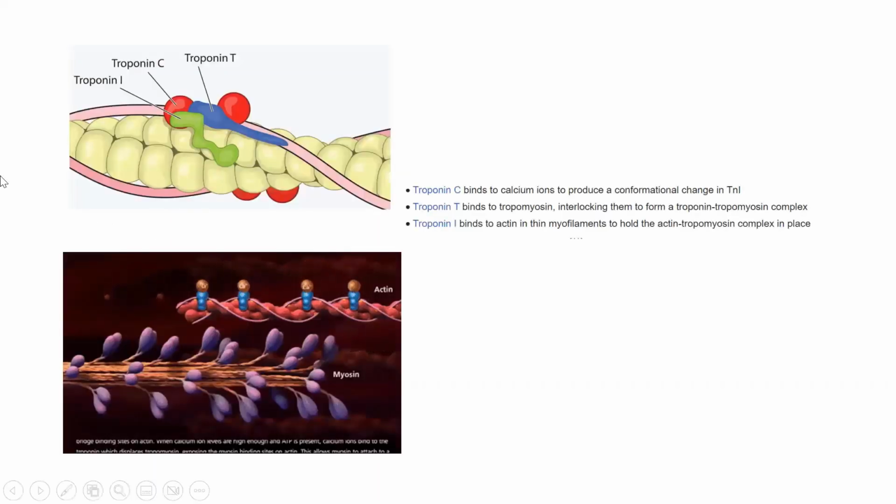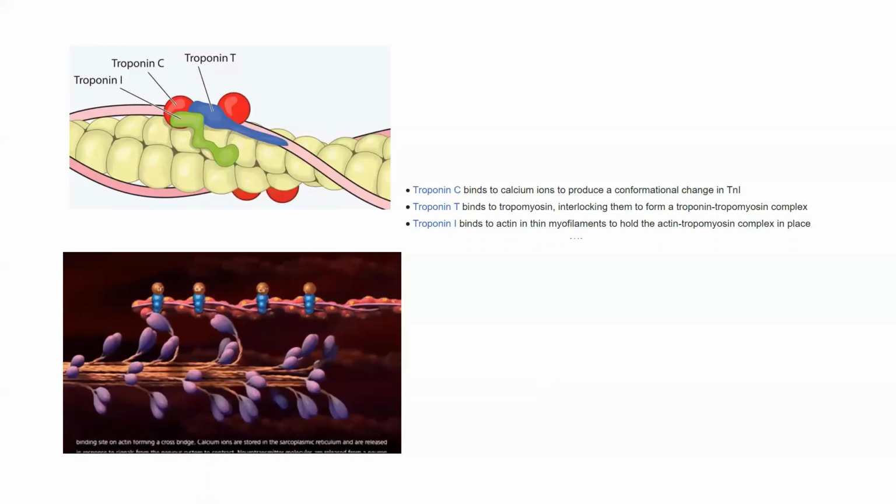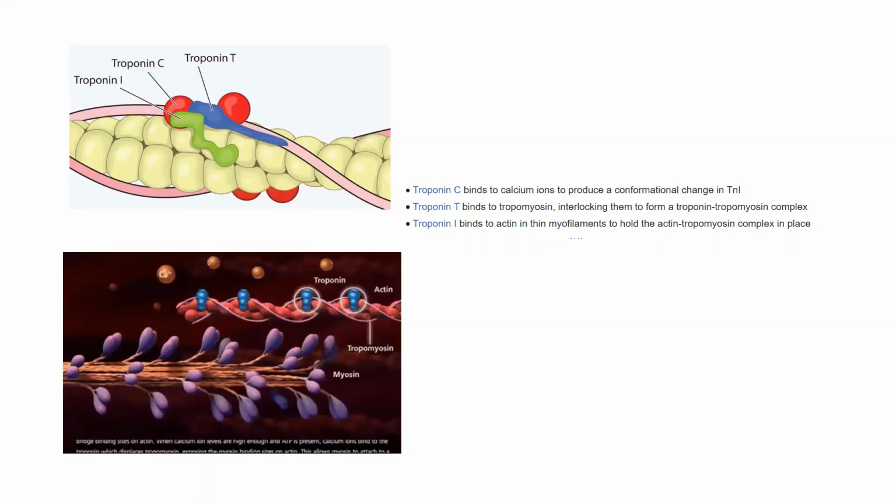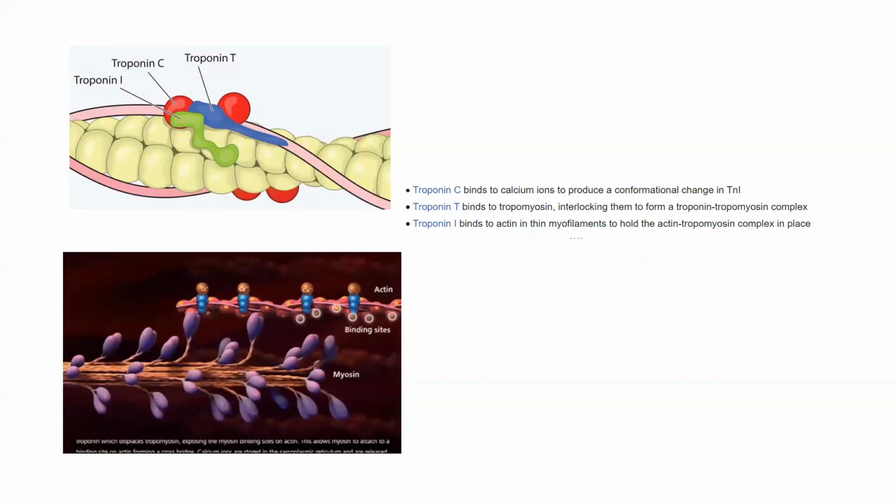We have troponin I, T, and C. So you know each one, what it means, the troponin, actin, tropomyosin complex, and how things are working and all of this, okay? Now troponin T and I are used as cardiac markers, but troponin C is not. Why? Can anybody tell me why we are not using troponin C?